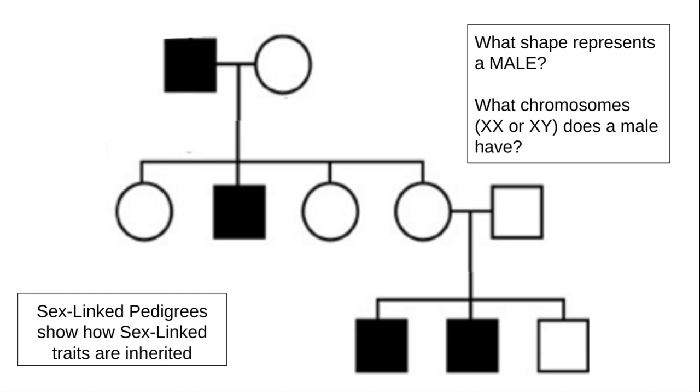Do you think it's dominant? Do you think it's recessive? Or do you think it's sex-linked? And remember, with sex-linked, it usually affects the males a lot more. So notice in this pedigree, the only people who are affected are males. That can be one clue that it might be sex-linked.